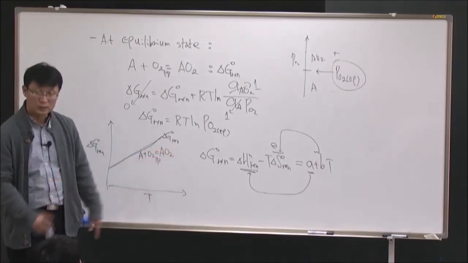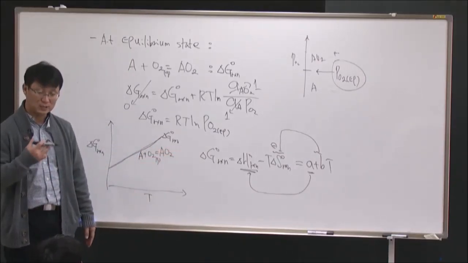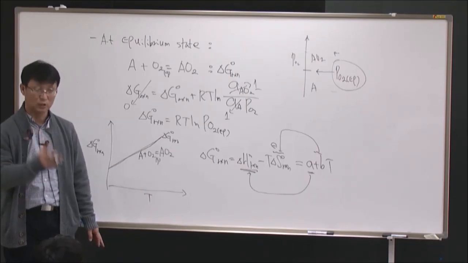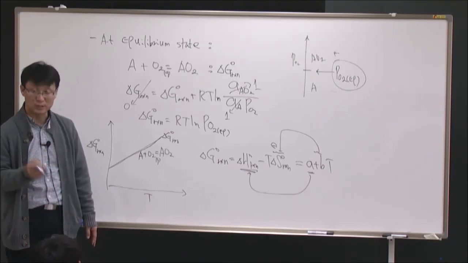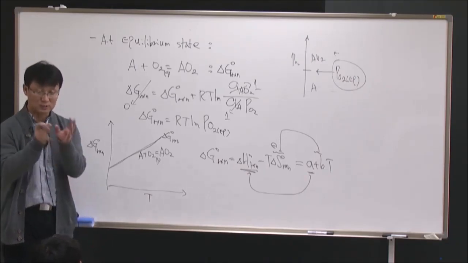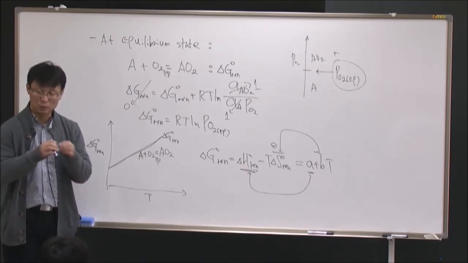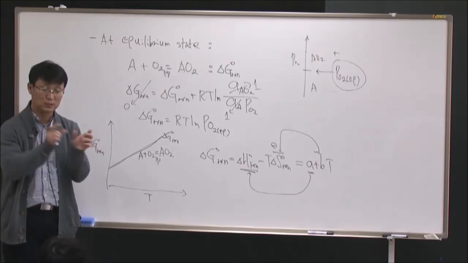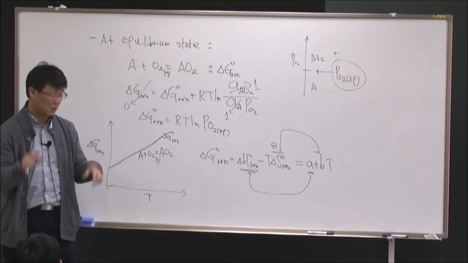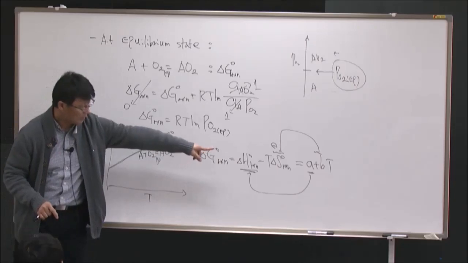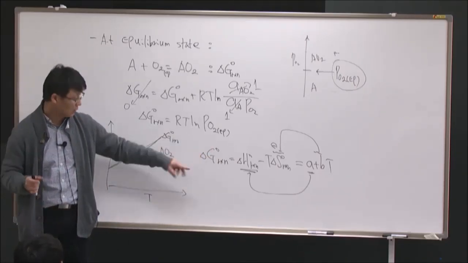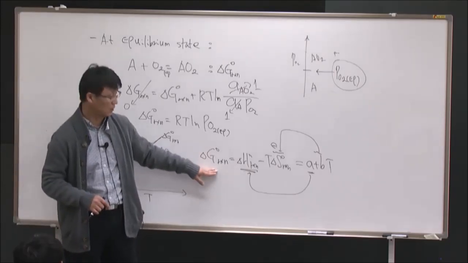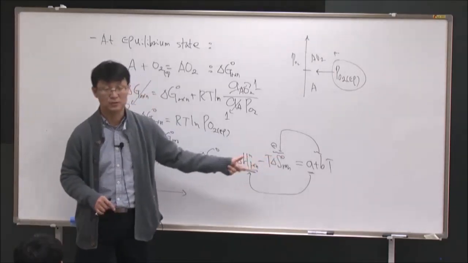So in most cases, if there's no phase transformation, so A is solid A, like FCC A, for example, oxygen is oxygen gas, and AO is a certain solid AO, then within the temperature range where there's no chemical reaction, this delta H and delta S are almost constant. So you can represent delta G of reaction as an A plus BT function.